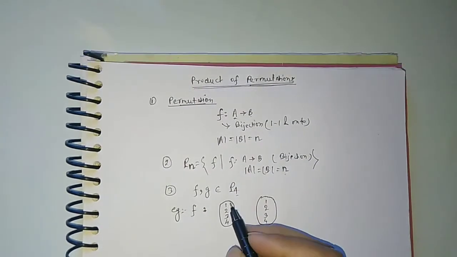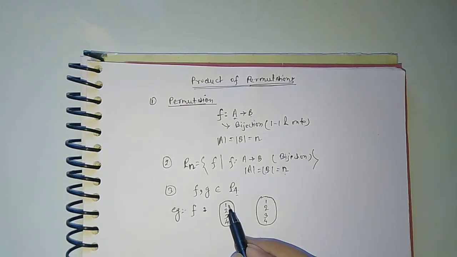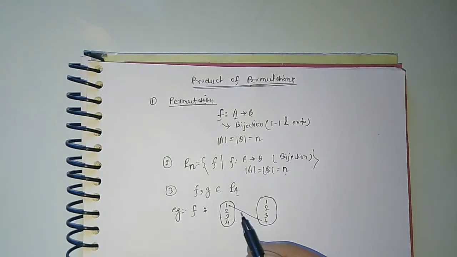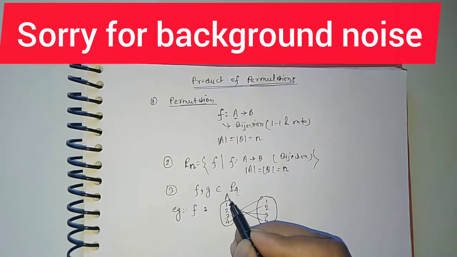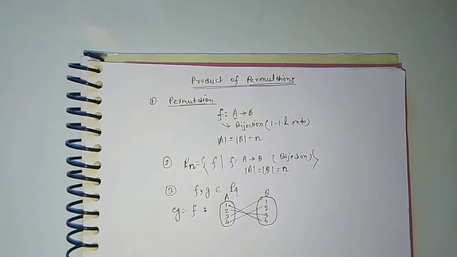Let the image of 1 be 4, image of 2 be 3, image of 3 be 1 and image of 4 be 2. So this is a permutation map from set A to set B.